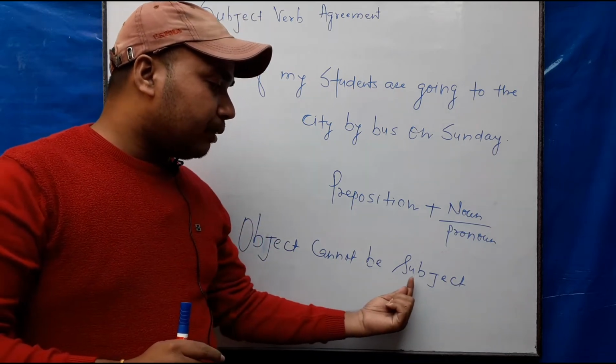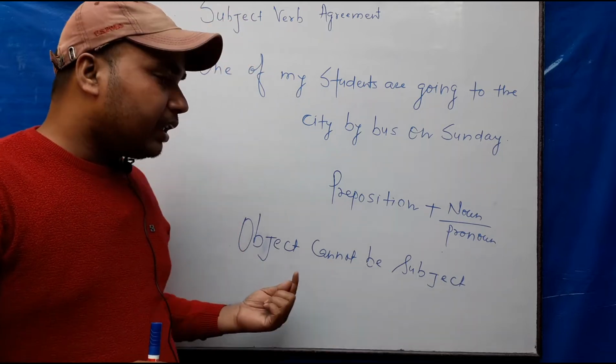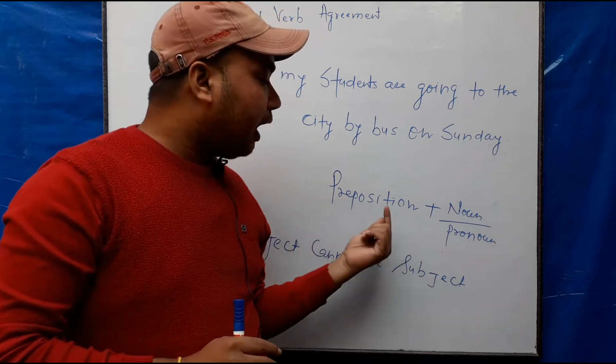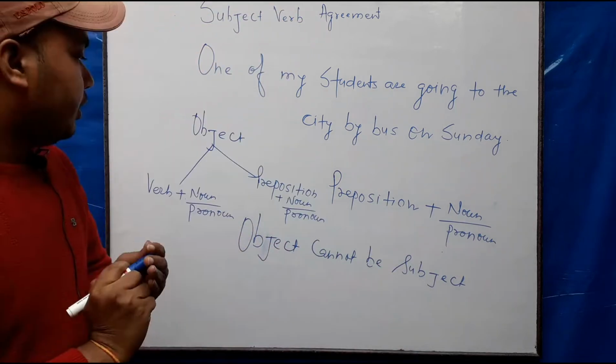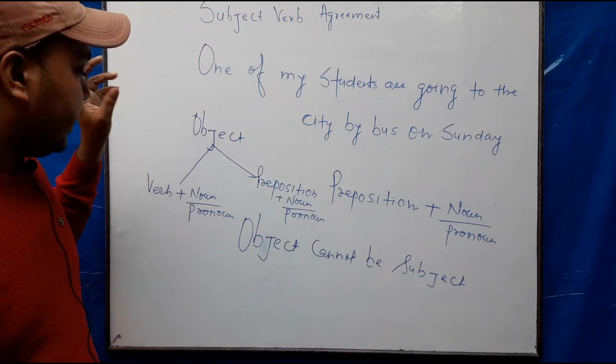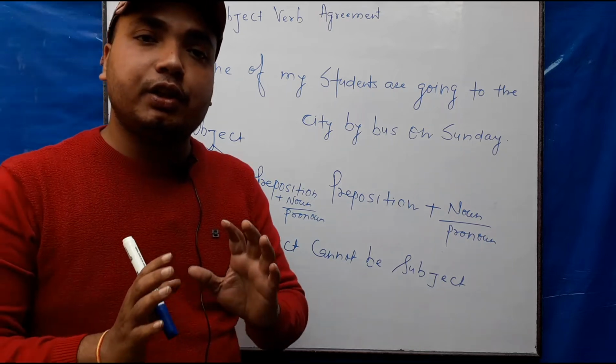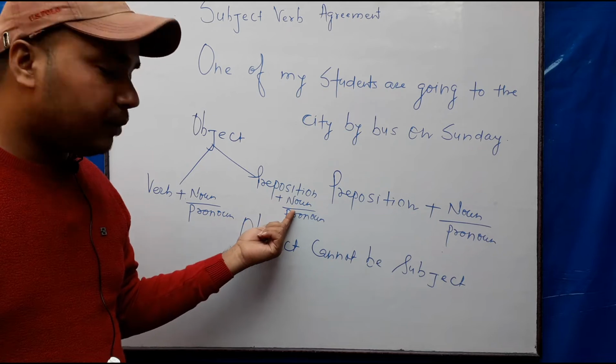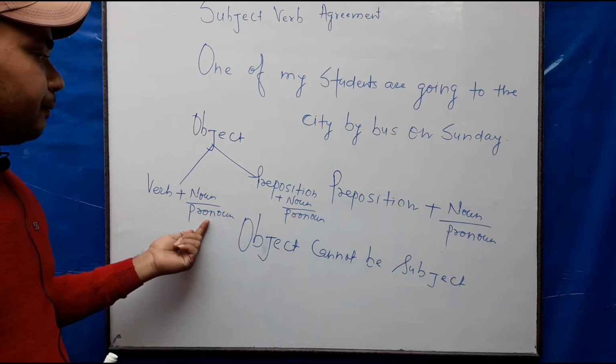Object cannot be subject, and objects are used in two places, after the main verb and after a preposition. See here, I have written object. Objects are used in two places, after preposition and after main verb.